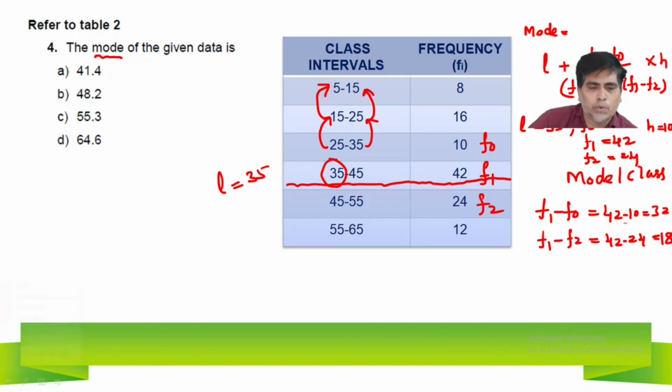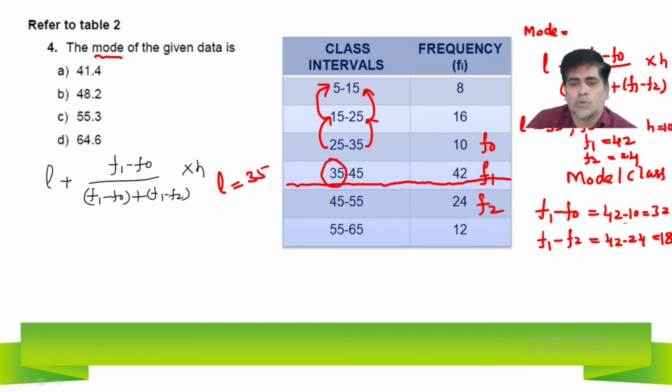So I am substituting in the formula now: L plus (F1 minus F0) by (F1 minus F0 plus F1 minus F2) into h. Now we'll substitute the values.